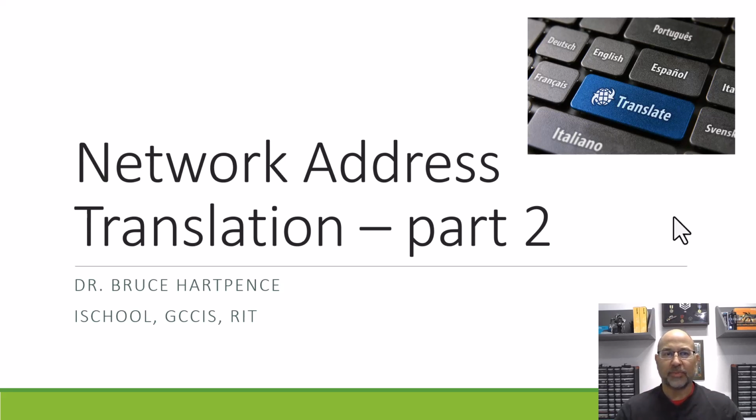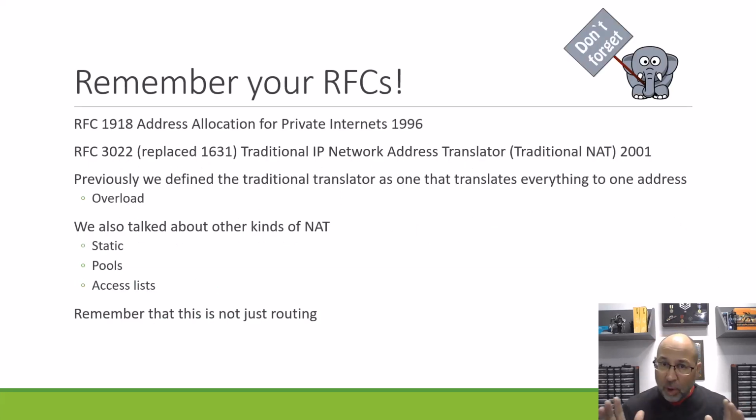NAT part 2. Now, of course, before we get started, we want to remember our RFCs and maybe what we did last time. So the two important RFCs to us are RFC 1918 and then RFC 3022. 3022, remember, replaces 1631. And RFC 1918 is the RFC about the private internet address space.